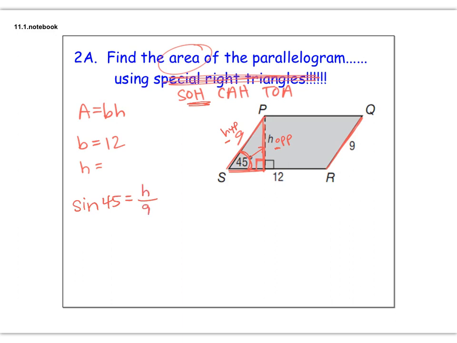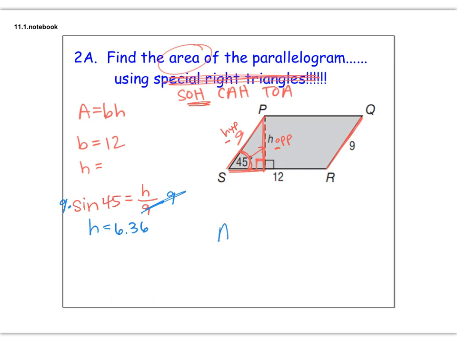To solve this, you're going to multiply both sides by 9. So we're going to go times 9 on each side. These will cancel out. And then you're going to type in your calculator 9 sine 45. And you probably get 6.36. Go ahead and pause the video and try that and see if you get 6.36.